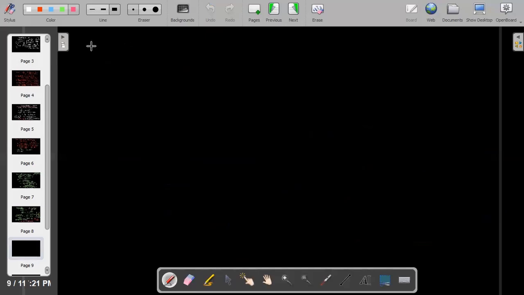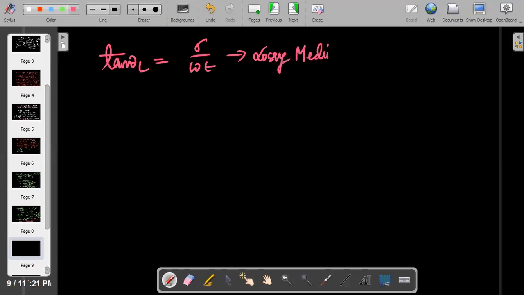Look here. Analogy of loss tangent, what I told, tan theta L is nothing but sigma by omega epsilon. Correct? This is for a lossy medium. Always remember, this is for a lossy medium. Now for lossless, what is the condition?